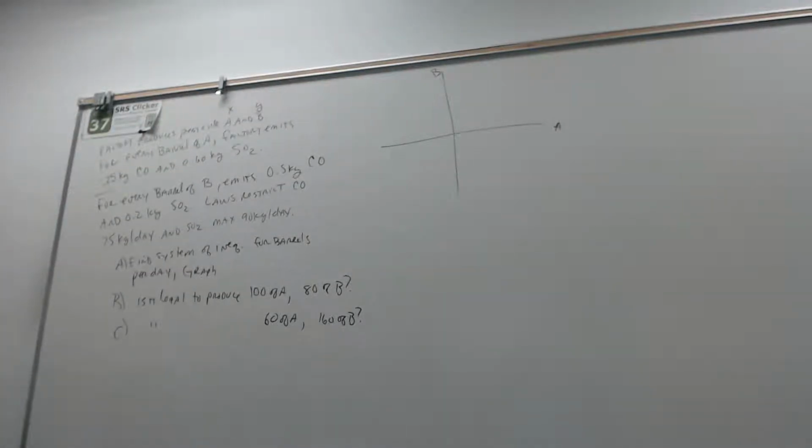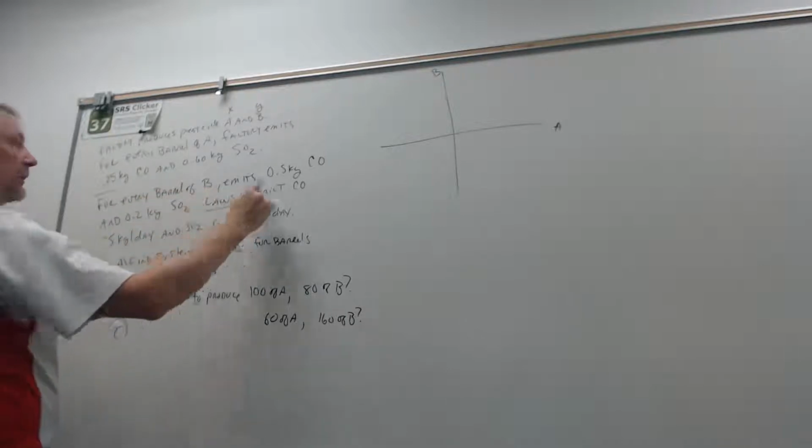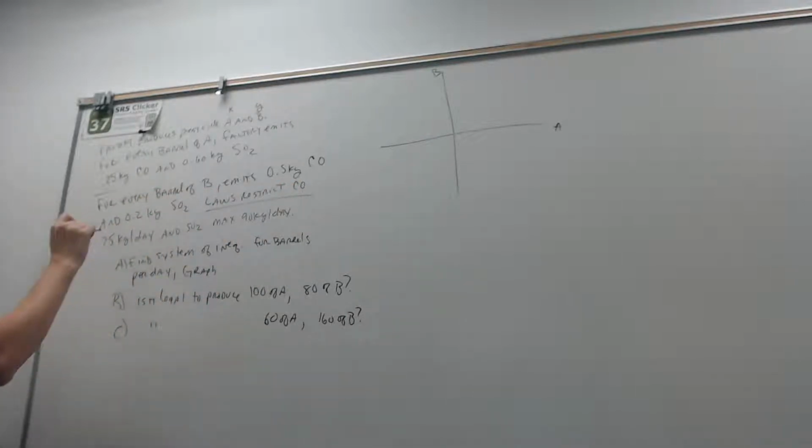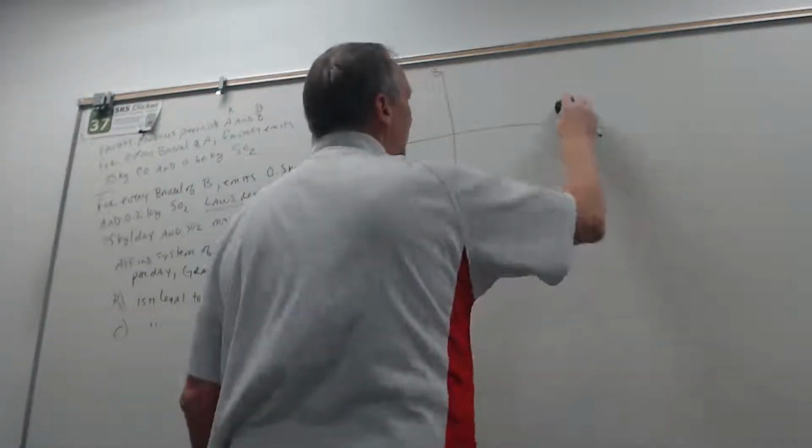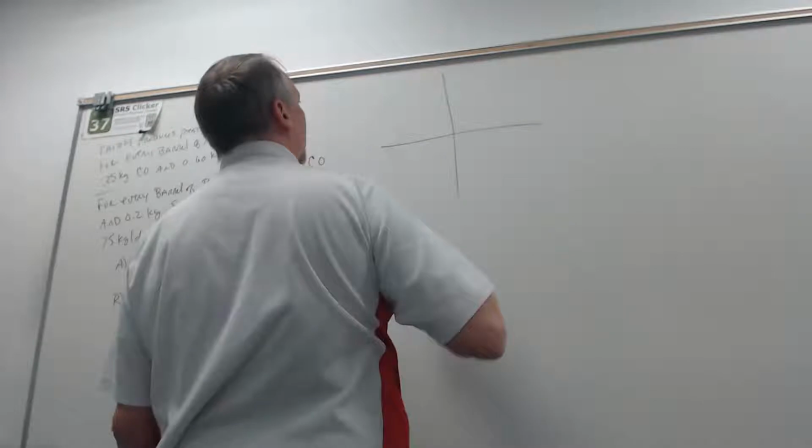So when you do X equals 0.25. Let's go with the law stuff first. The laws restrict the carbon dioxide. Actually, we have to be careful, because we can't go A and B, can we? X and Y has to be your carbon dioxide and your sulfur dioxide.